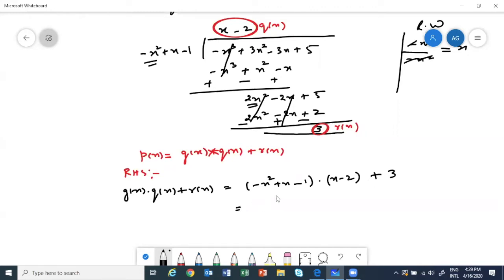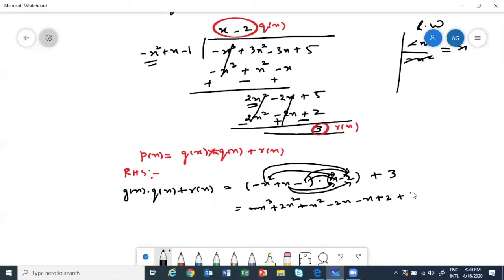So if you solve this, we'll get minus x cube plus 2x square. I'm opening the bracket, okay? This with this and this with this. And next one, then I'll get plus x square minus 2x. Okay. And then again, minus 1 with x. So minus x, and minus 1 with minus 2 plus 2, plus 3.